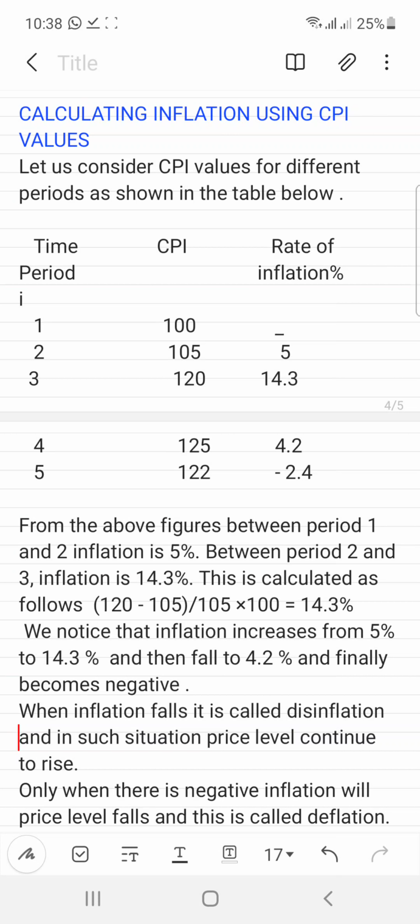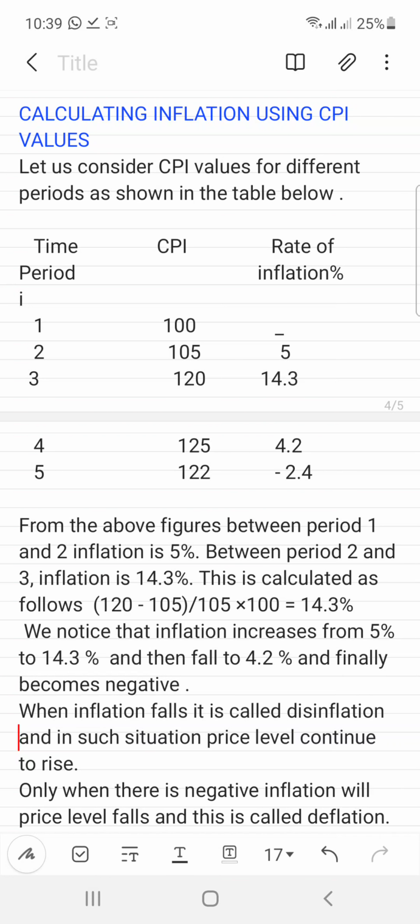Now, we can also analyze from the table here that when prices are rising, the value of our CPI will be increasing. When there is deflation, the value of CPI will fall.